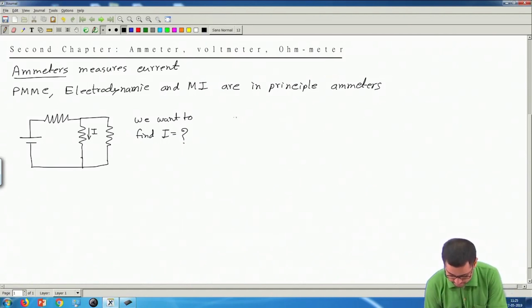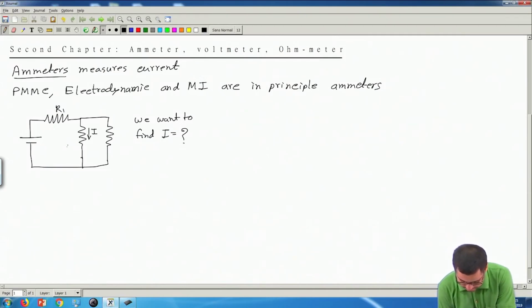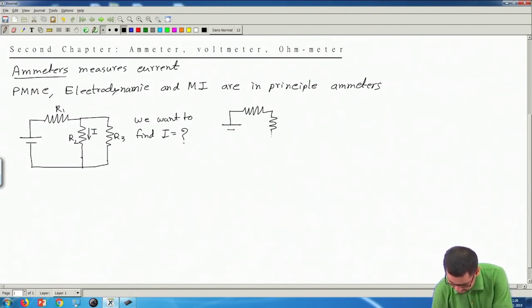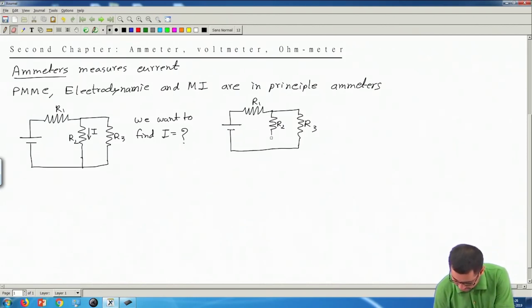We have to cut open this branch and insert a meter here in series.